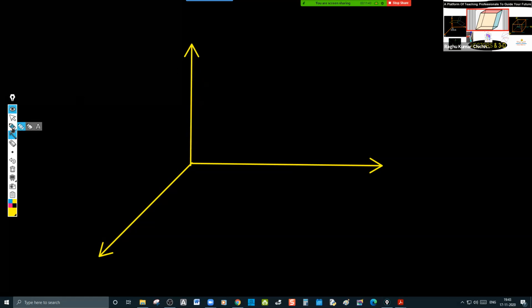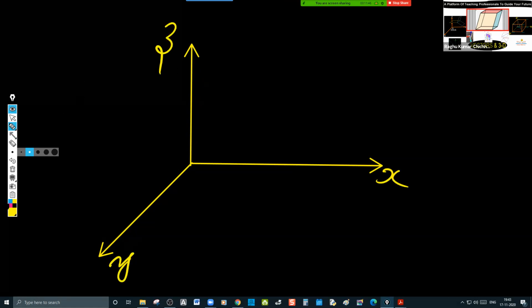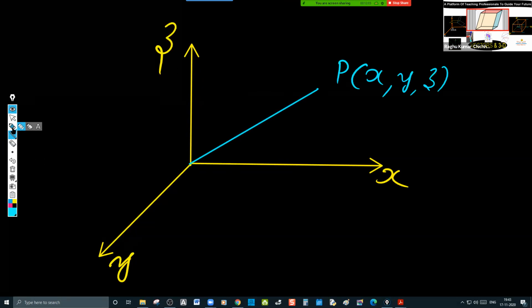If you have XYZ axes, and if you take any point P in the space XYZ, and if you join this line OP, this OP is making an angle alpha with the x-axis, beta with the y-axis, and gamma with the z-axis.